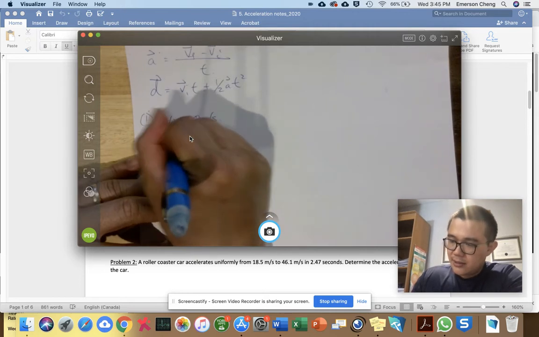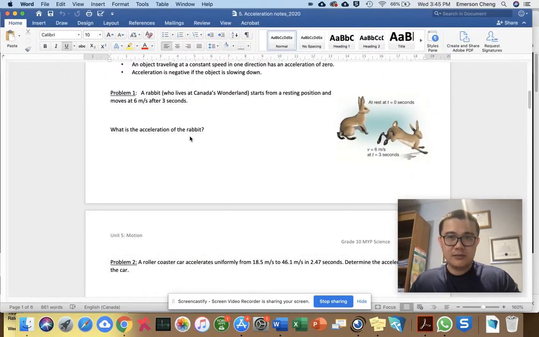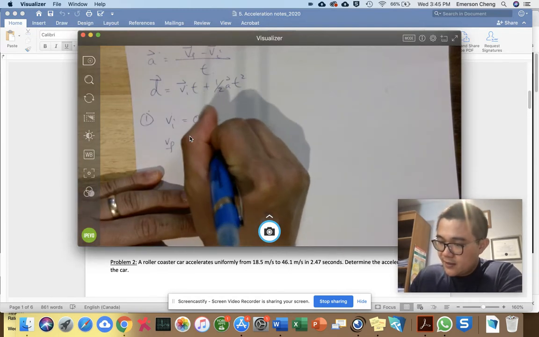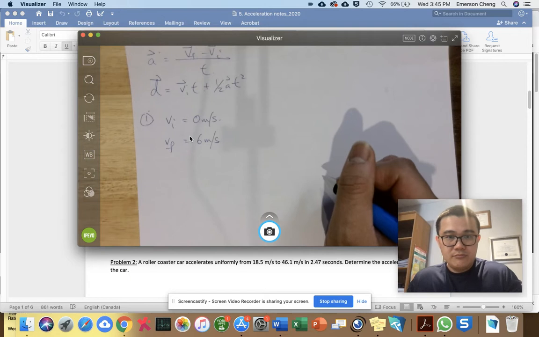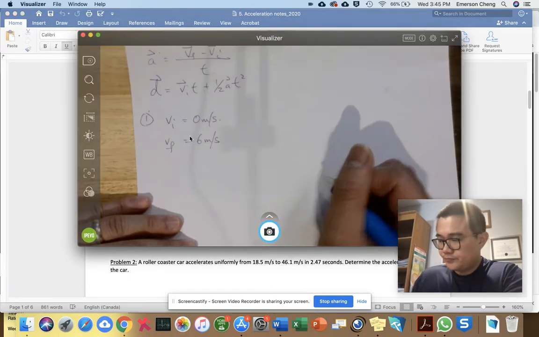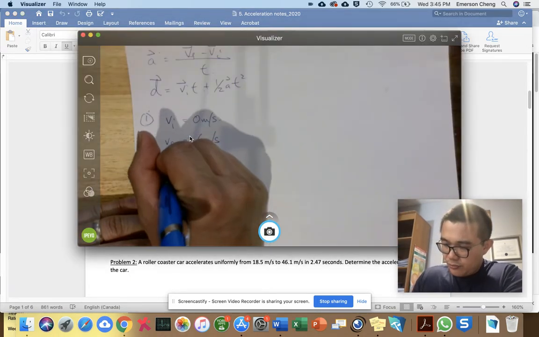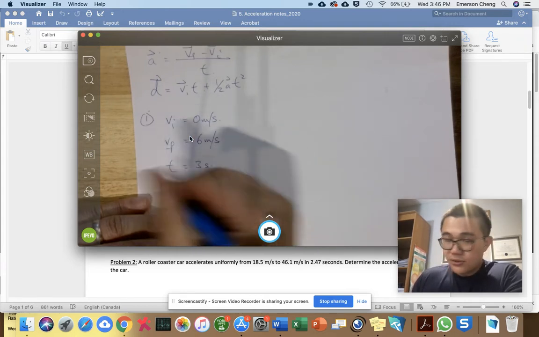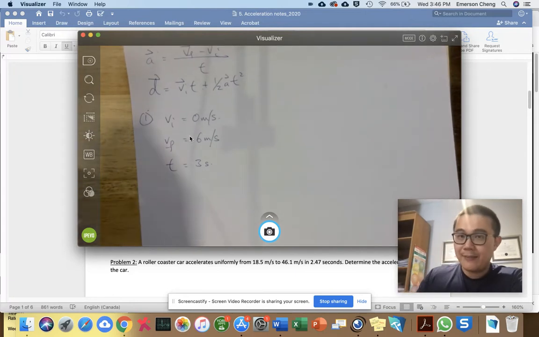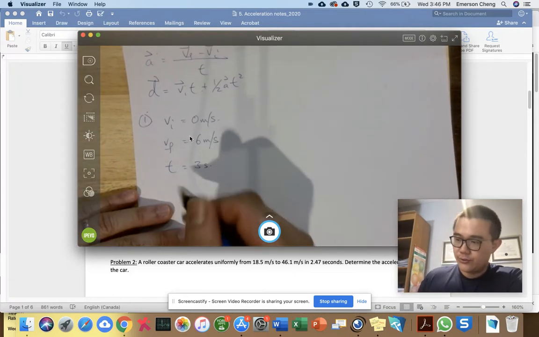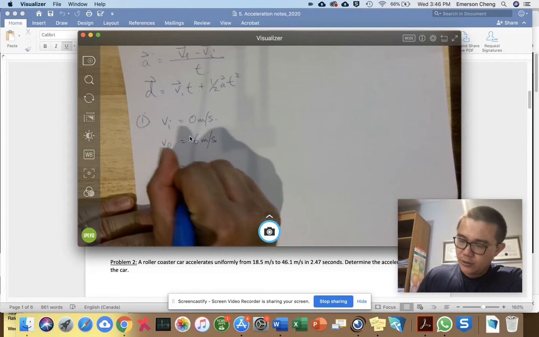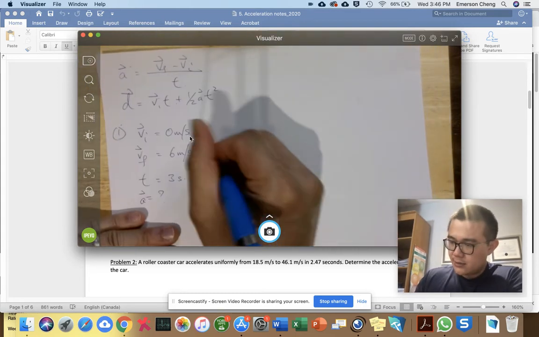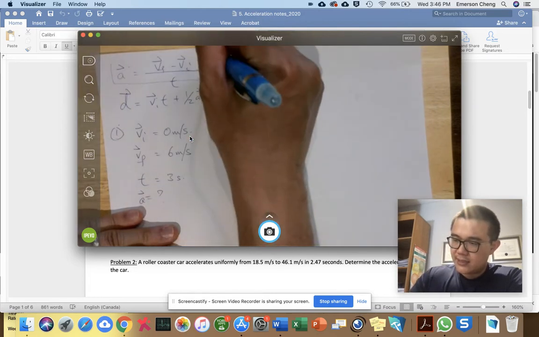Now, they said the rabbit goes from 0 to 6 meters per second in 3 seconds. So in this case, you're looking for the acceleration.